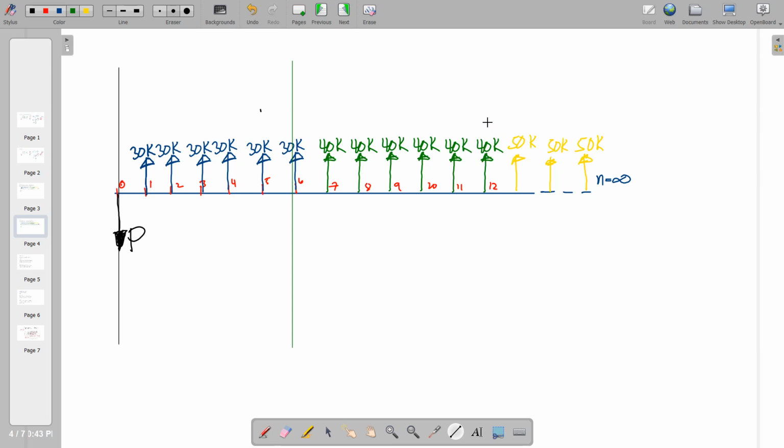Hindi pwedeng diretso yan dito. Kailangan mag-terminate siya dito. Patras lang tayo ng isa dito. Okay? For the 40,000. And for the 50,000, patras din tayo ng isa. Get the present worth and then bring that further to the present time or the focal point. Say this is the terminal time for 50,000, the terminal time for 40,000, so that we can further bring that to the present.